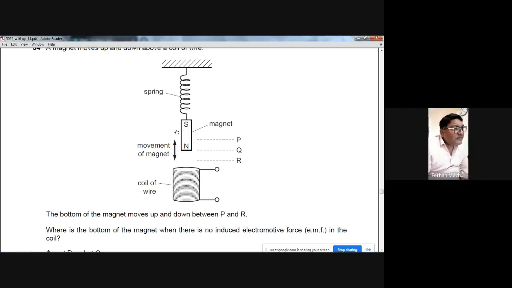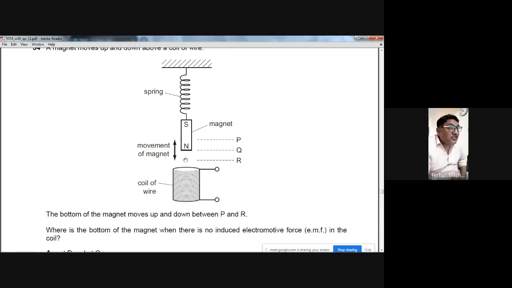But during this vibration, when the N pole is at R, it will stop and go back. When it is at P, it will stop and then come down again. So during this vibration, for a very small fraction of a second, the motion of the magnet stops when it is at R and again when it is at P. We have learned that when the bar magnet stops moving, no EMF is induced.